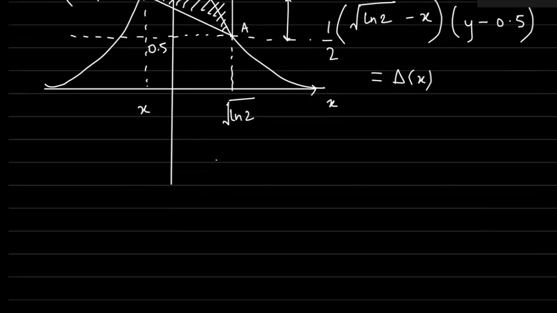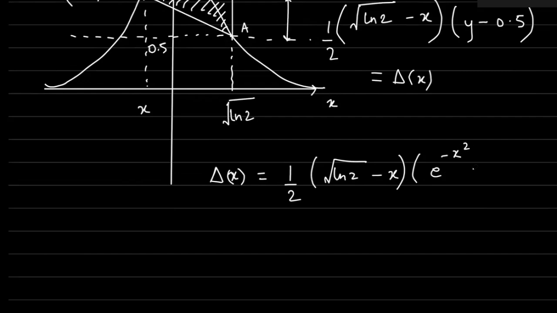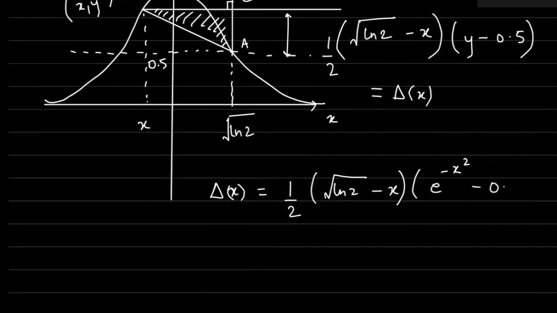Okay. Now let's expand delta of x. Delta of x will be equal to half into root of ln2 minus x. I'll replace this with this. It was given in the question, so you are taking it from the curve. Now delta of x will become, the first term, e to the power minus x square.